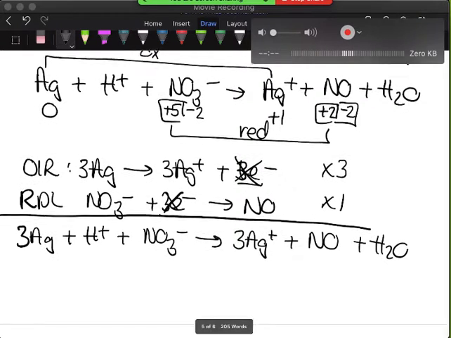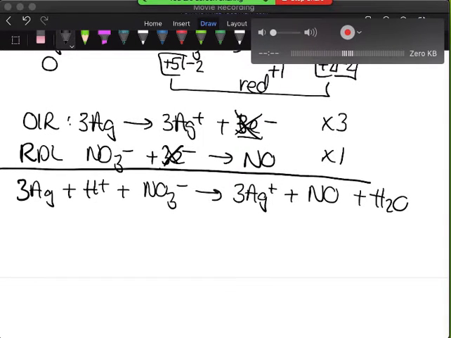I look to balance my O's, so on this side of my line I have 3 O's. Here I have 1 O, so I need to put 2 here. Need to balance my H's, I have 4 H's on this side, I put a 4 here.